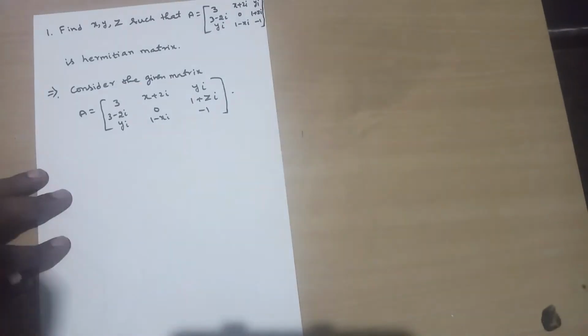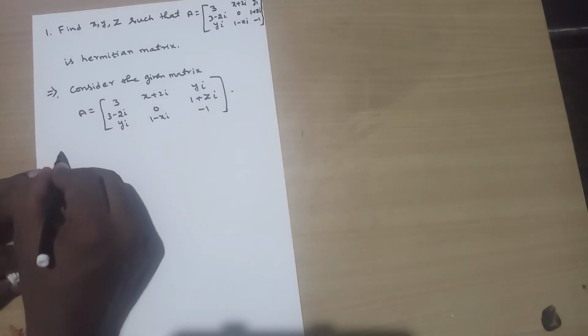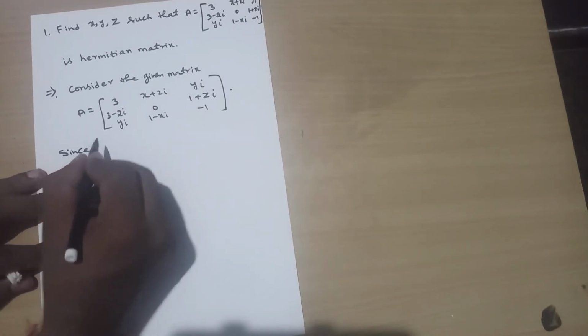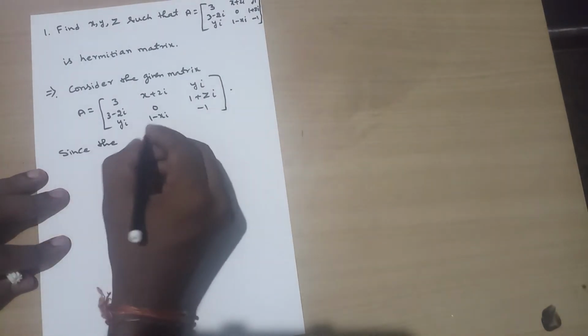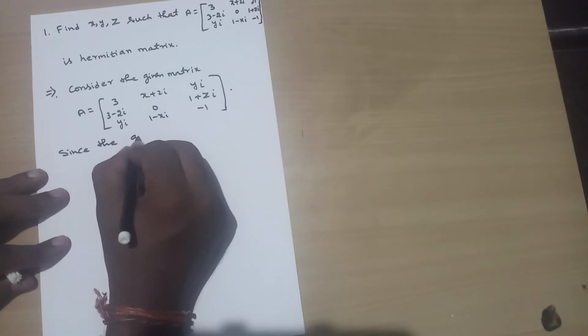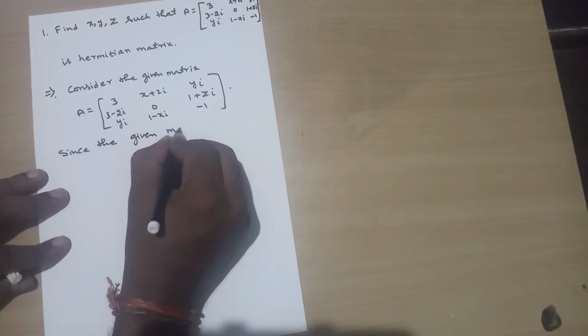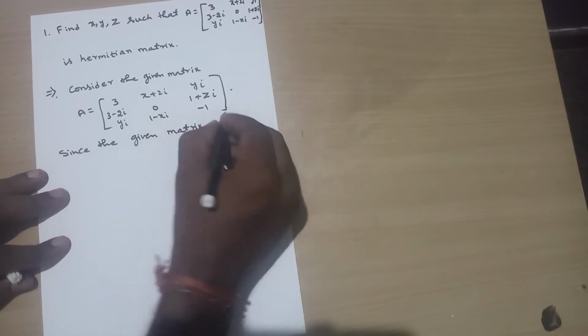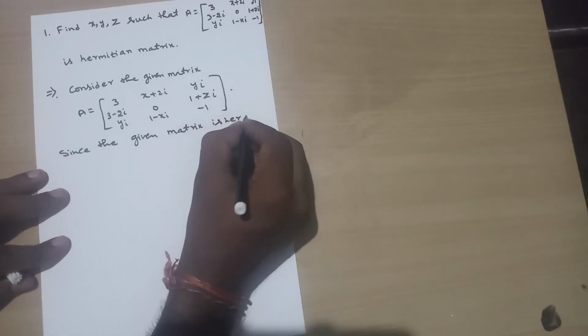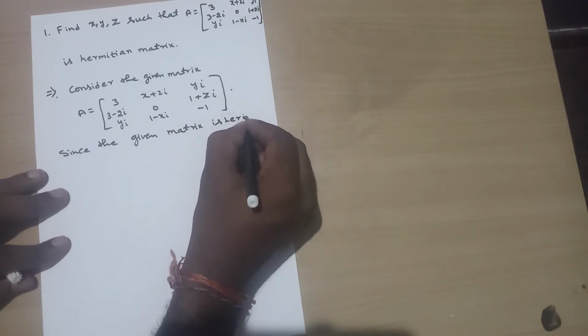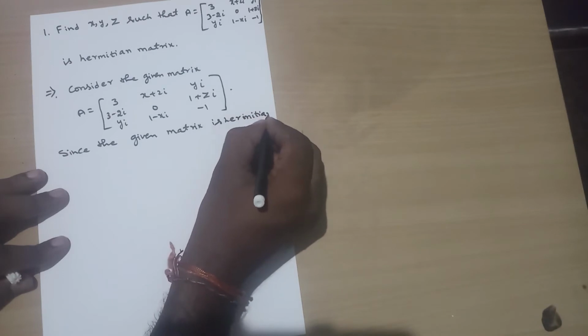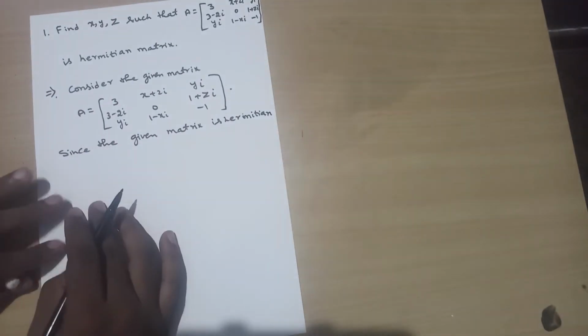Now since the given matrix is Hermitian, these are the data they gave.